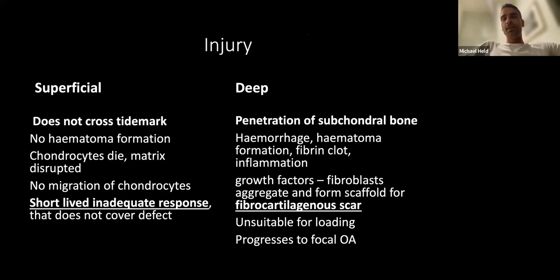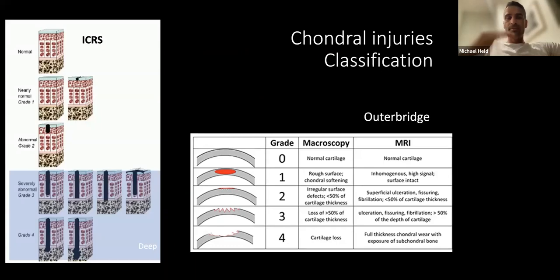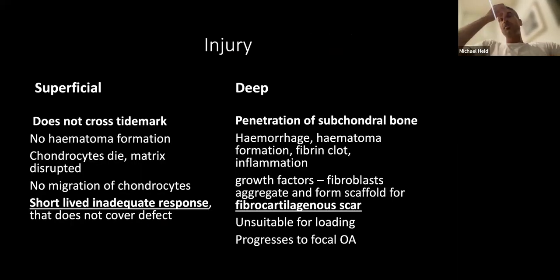So in essence, with all these small grading options, we basically try to group them into a deep and a superficial cartilage injury. Now, if you have a superficial cartilage injury, it doesn't cross the tidemark. There's no hematoma formation because the bone is not exposed.